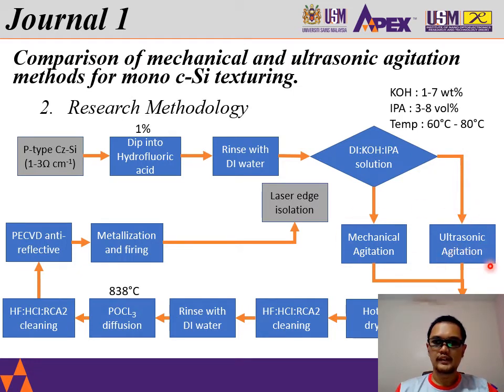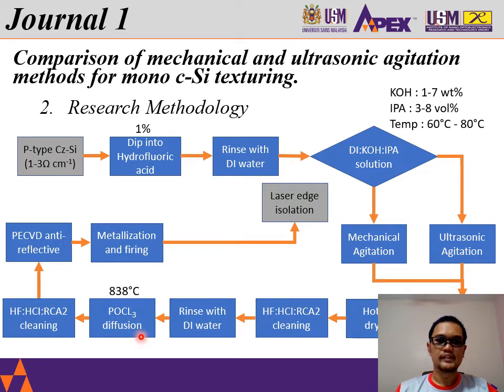After completing either mechanical or ultrasonic agitation, they rinse with DI water, followed by hot N2 drying and cleaning with HF, HCl, RCA2 mix solutions, followed by a rinse with DI water.